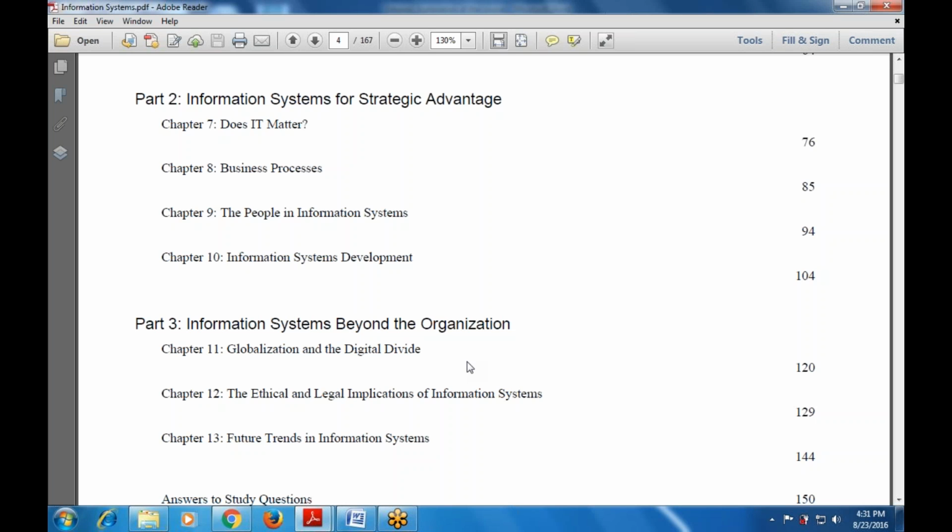What are the various ethical and legal implications of IS? Then future trends in the information system. What are the various future trends, or what will be the next step, the next future in the information system?